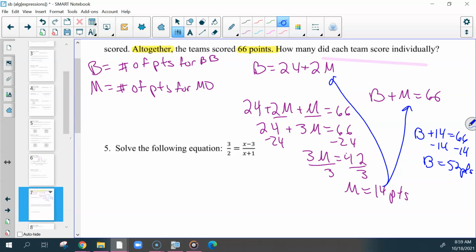But you could also put it back in that original one. So we have Miami Dolphins scored 14 points, Buffalo Bills scored 52 points. Any questions on that one?